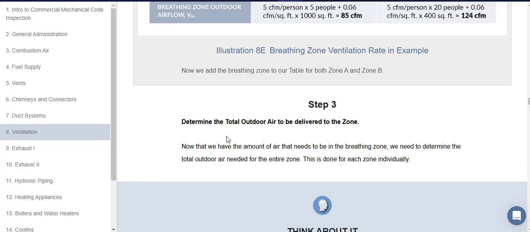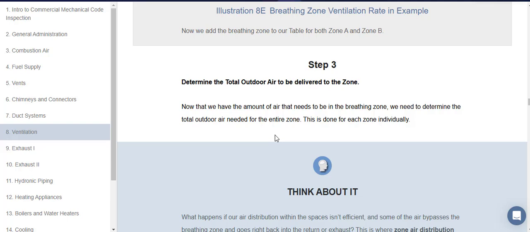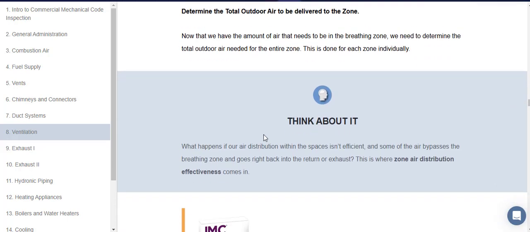Step number 3, determine the total outdoor air to be delivered to the zone. Now that we have the amount of air that needs to be in the breathing zone, we need to determine the total outdoor air needed for the entire zone. This is done for each zone individually.